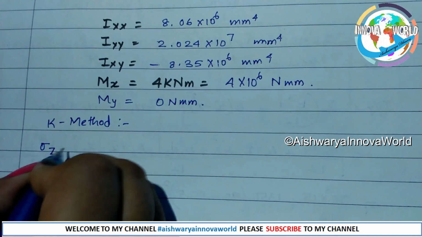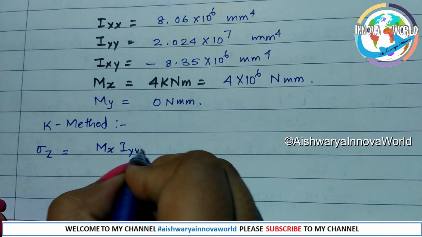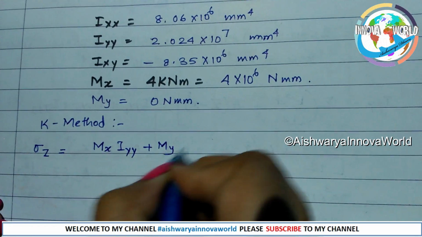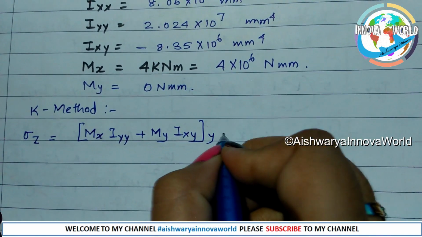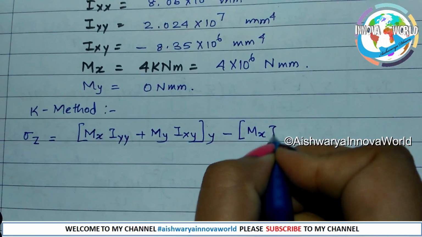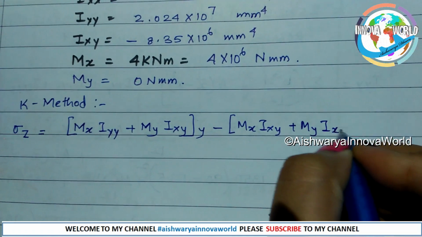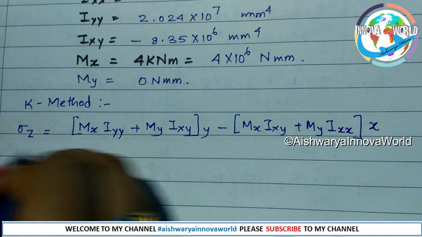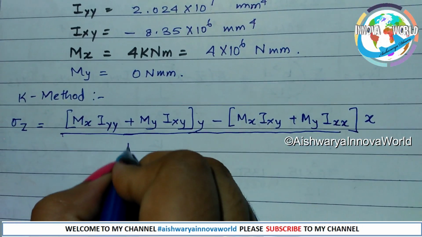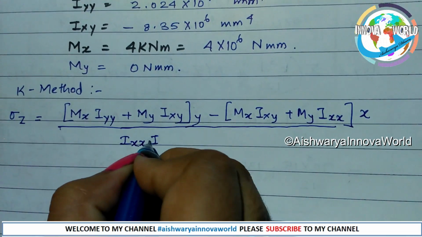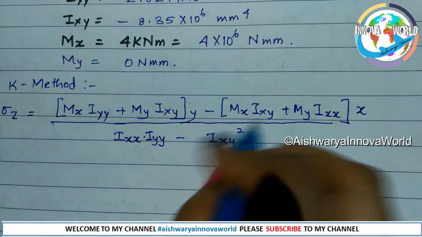You have to memorize the formula: Mx Iyy plus My Ixy into y, then Mx Ixy plus My Ixx into x, in the denominator Ixx into Iyy minus Ixy whole square.